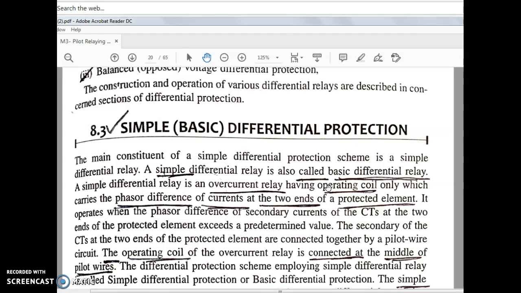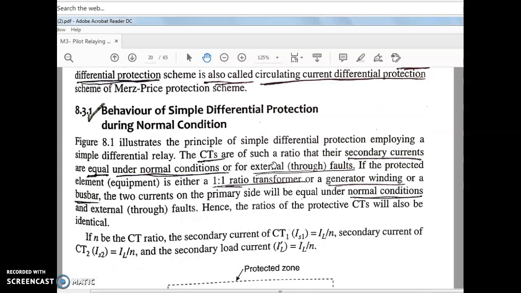See here, the secondaries of the CTs we have to connect through the pilot wires. The secondaries of the CTs connected at both ends of the transmission line are connected by two pilot wires. The operating coil of the overcurrent relay is connected at the middle of the pilot wires. In this figure you can get the clear picture.